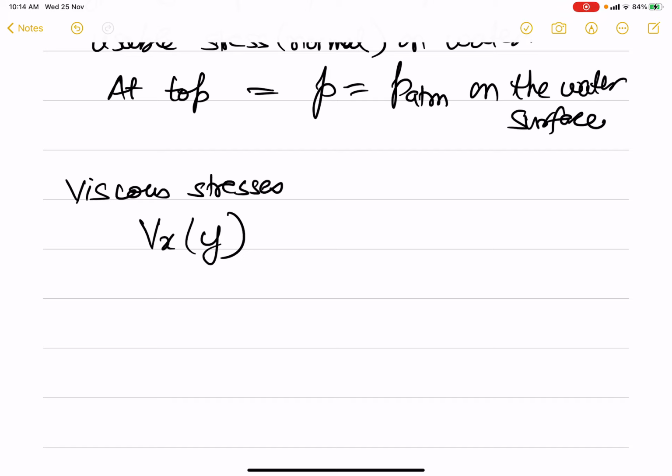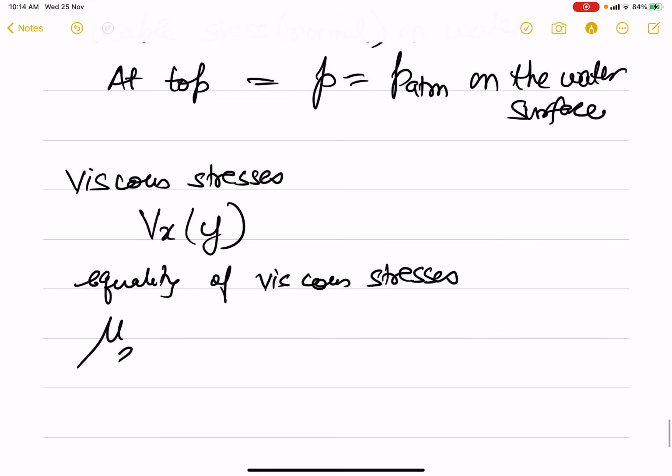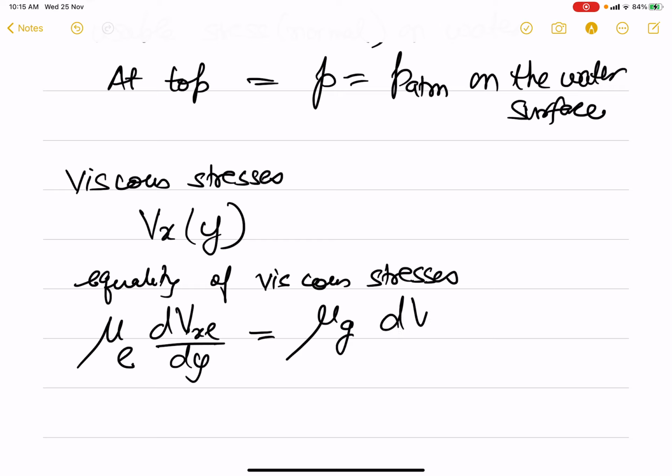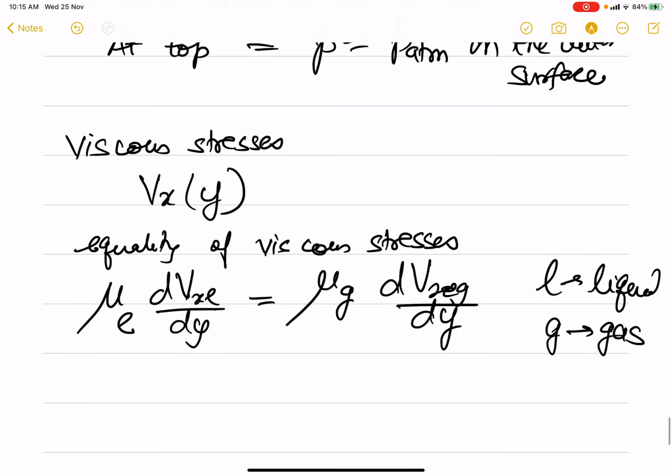If we say equality of viscous stresses, in this case we are looking at this flow, it tells us mu on the liquid side times dVx on the liquid side by dy is equal to mu on the gas side times dVx on the gas side divided by dy, where L is the liquid and G is the gas.